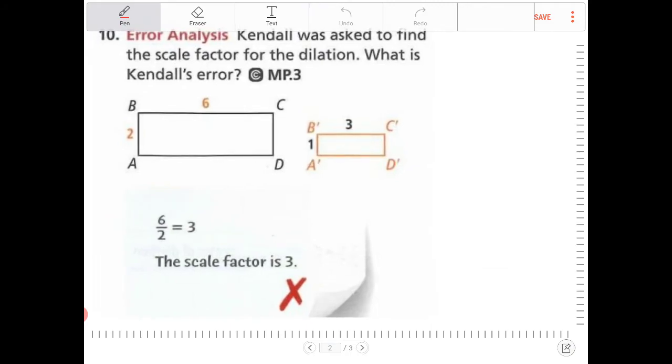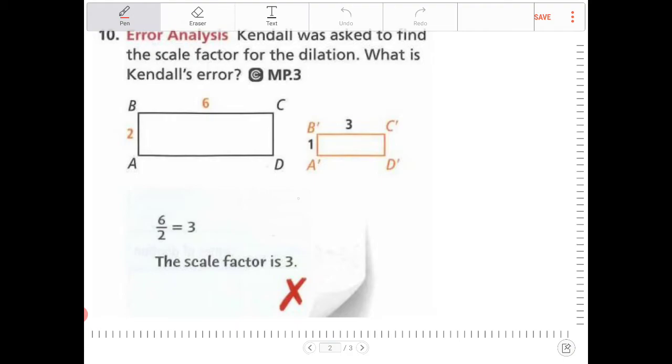Okay, Kendall was asked to find the scale factor for the dilation. What is Kendall's error? Looking at this, it says that the scale factor is equal to 3. Well, the thing is, the scale factor is not 3. It's actually 1/3.